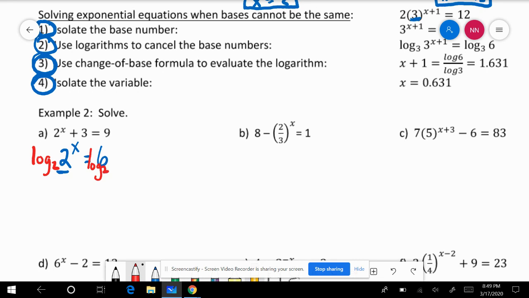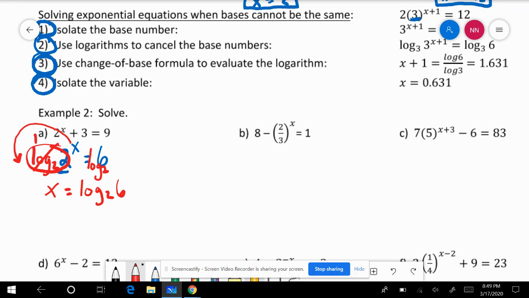Now, when we do the log base 2, if you remember from the very beginning of this unit, this right here is equal to 1. Our exponent goes in the front. X times 1 is just x. And we have log base 2 of 6.